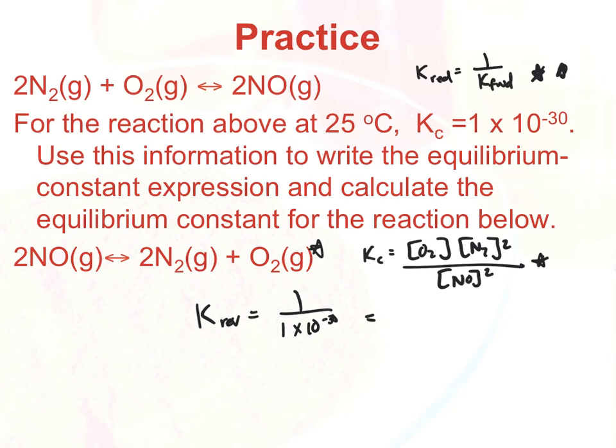Okay, and when we do that, we end up with 1 times 10 to the 30th. And so this is our Kc value for this process right here. Notice we didn't have any concentrations, so we didn't have anything to plug into here, so we needed to know this relationship in order to calculate the Kc for the reverse process.